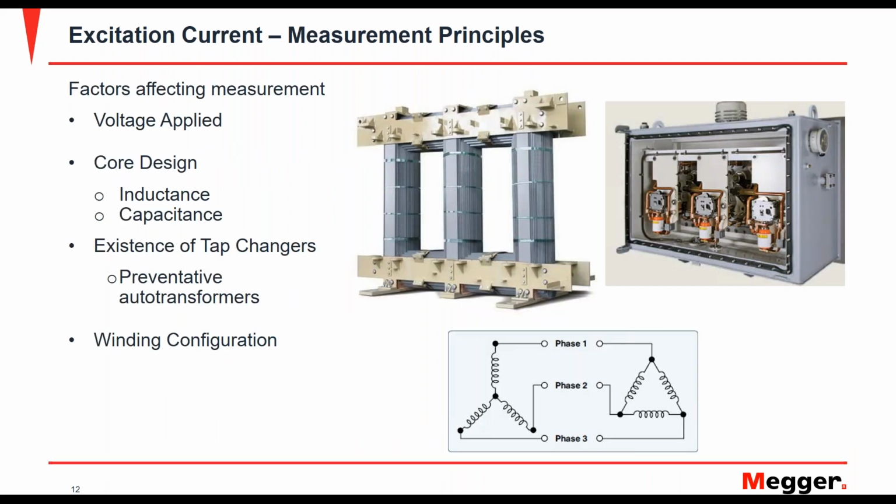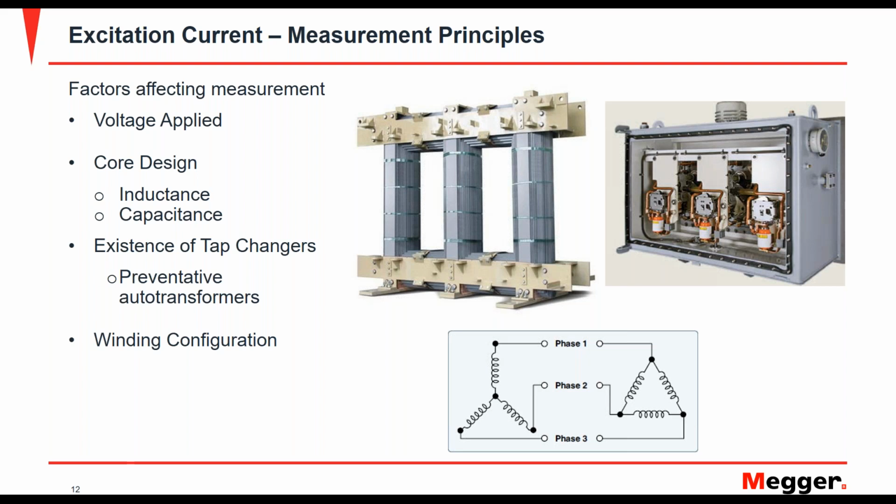So let's look at some of the factors that affect this excitation measurement. We discussed in the previous part of the seminar that the excitation current test is a voltage dependent test. So of course, our voltage will affect how my excitation current is going to respond. Next, we have core design. You could have different inductive and capacitive components in the core that could affect how your excitation current trace looks.